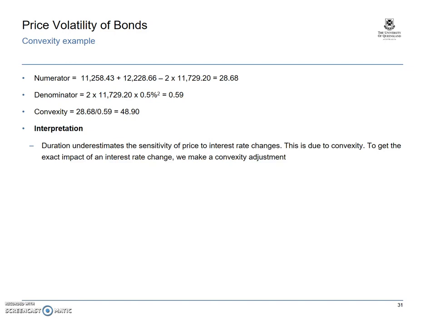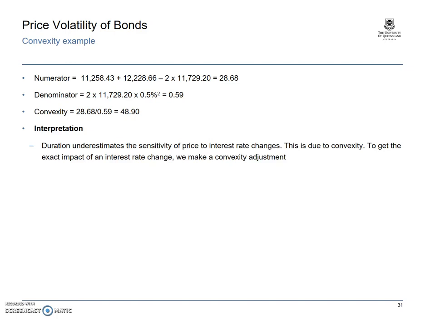Our denominator is 2 times the original value multiplied by the delta y, in this case 0.5%, and we square it. So our denominator is 0.59. So our convexity will be 28.68 divided by 0.59, and we get a convexity of 48.90.